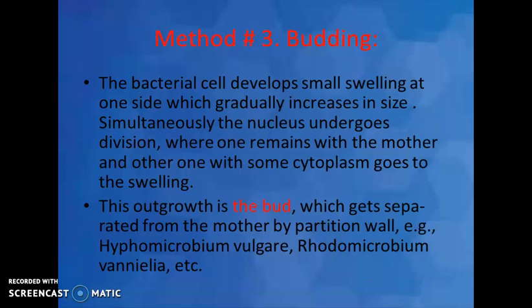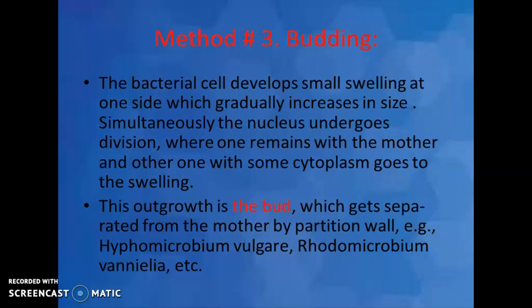The next mode of reproduction is called budding. In budding, the bacterial cell develops a small swelling at one side which gradually increases in size. Simultaneously, the nucleus undergoes division.